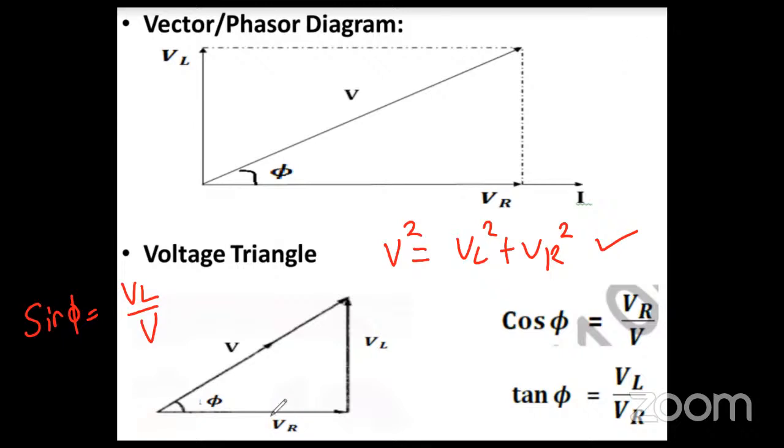Adjacent upon hypotenuse. So VR upon V. मुझे लिखना है tan phi. So क्या आएगा? That is the opposite upon adjacent. So opposite क्या है? VL and adjacent VR. So VL upon VR. These are the 4 formulas from the Pythagoras theorem. The voltage triangle से मुझे 4 फॉर्मूले मिले.